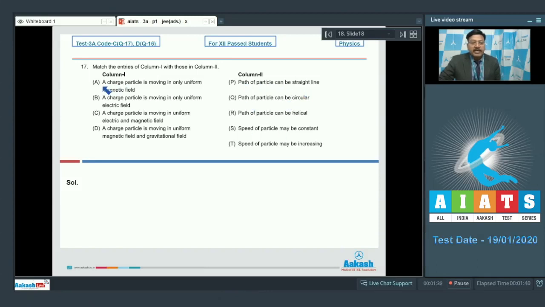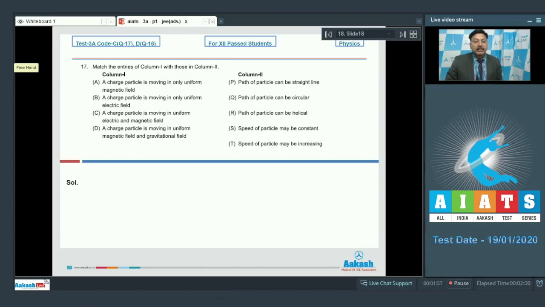So let's start with entry A in column 1, which says a charged particle is moving in only uniform magnetic field. Well, if a charged particle is moving in a uniform magnetic field, then path of particle can be a straight line.